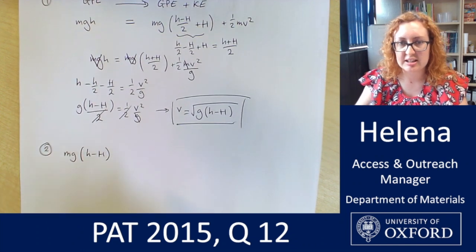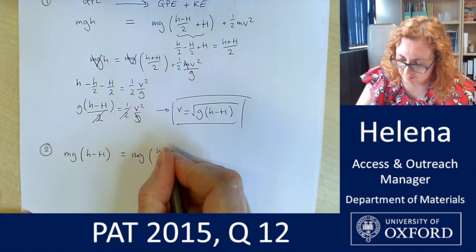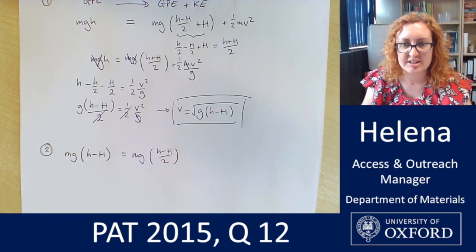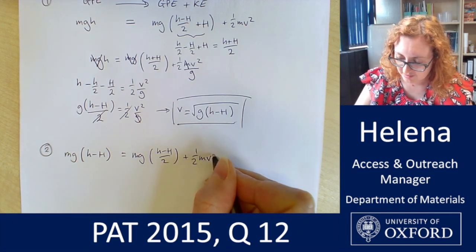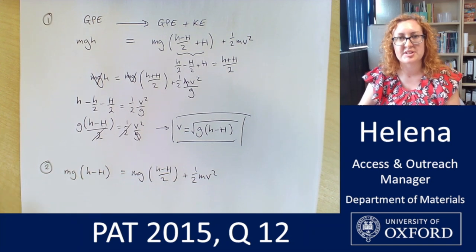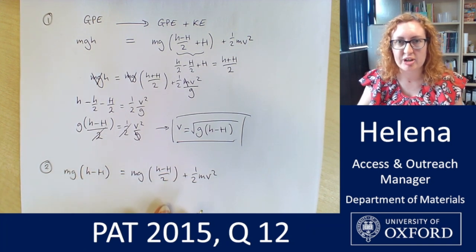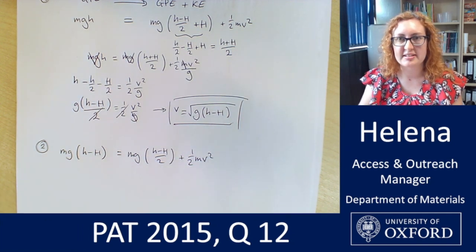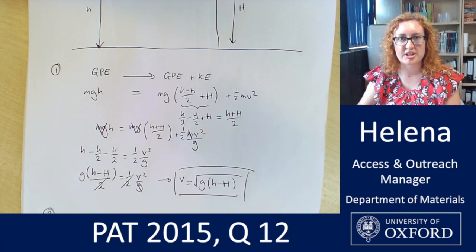And then similarly, we would have mg(h minus H over 2) as our distance here when it's halfway down the slope, and still plus our half mv squared. So just slightly different expressions for the distance. We do exactly the same method, exactly the same rearranging for v, and we get the exact same expression there. So that's two slightly different methods to solve this question.